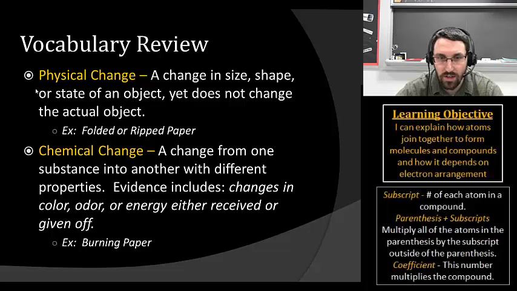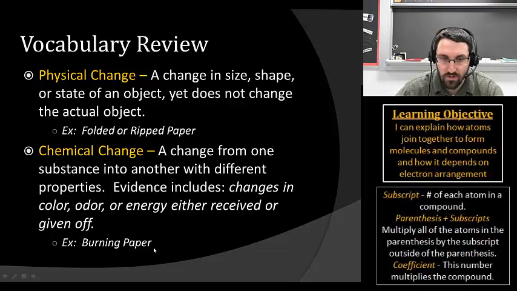A chemical change, on the other hand, is a change from one substance into another with different properties. The evidence of seeing whether something happened like that would be changes in color, odor, or the energy that's given off or received in the reaction. A chemical change example we talked about would be burning paper.